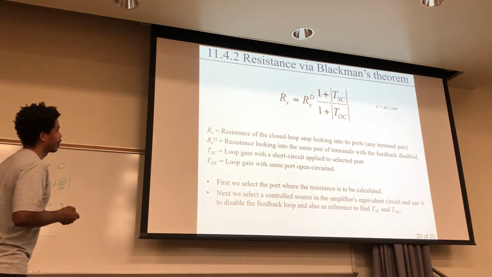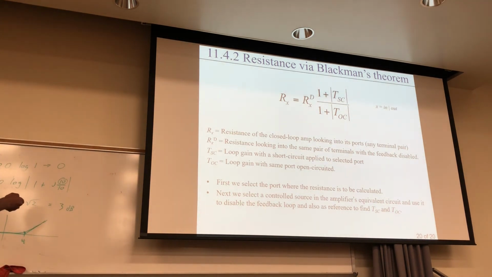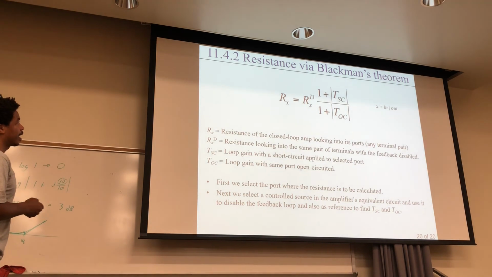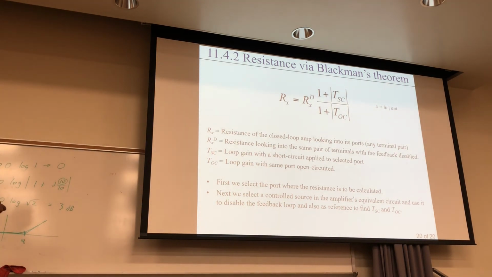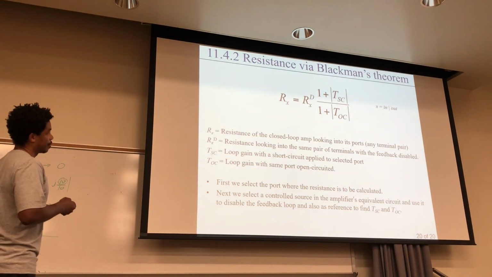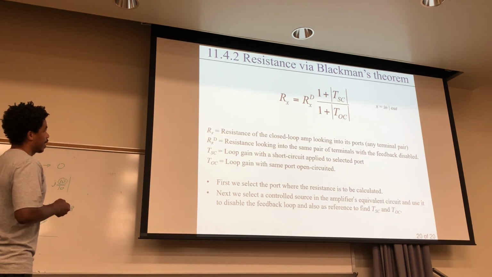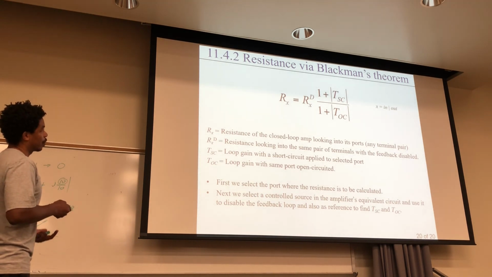Okay, what RD is, is the resistance looking into the same pair of terminals with the feedback disabled. And this TSC is the loop gain with a short circuit applied to the selected port, and this TOC is the loop gain with the same port open circuited.